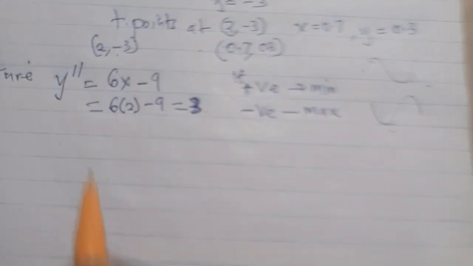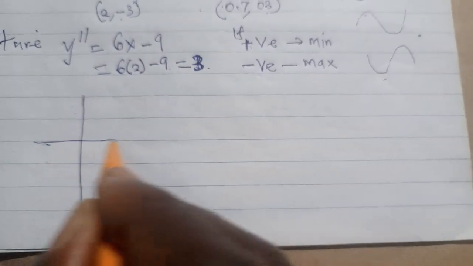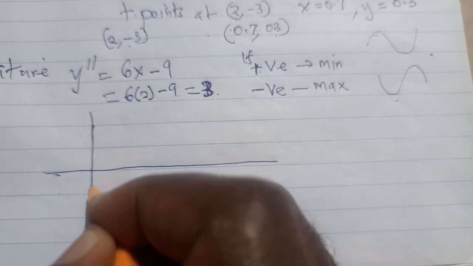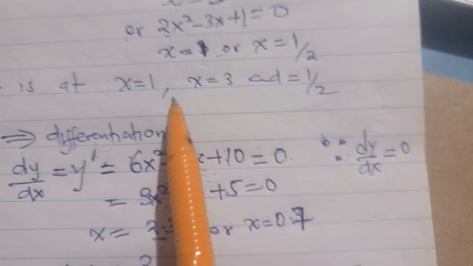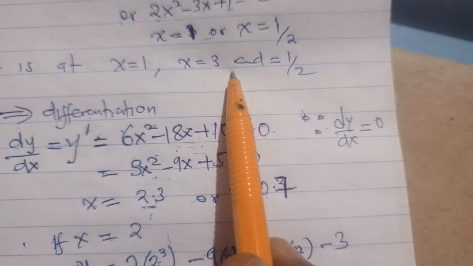So finally, we go to our graph, our sketch. Again, you have our Cartesian plane. We need the salient features, the x-intercepts. Remember, we talked about the x-intercepts being at 1, 3, and a half.